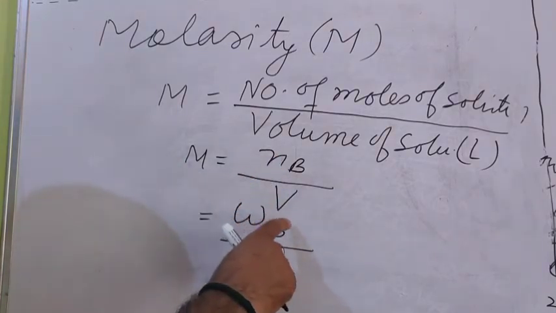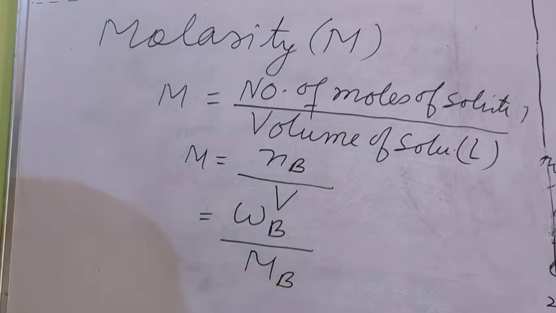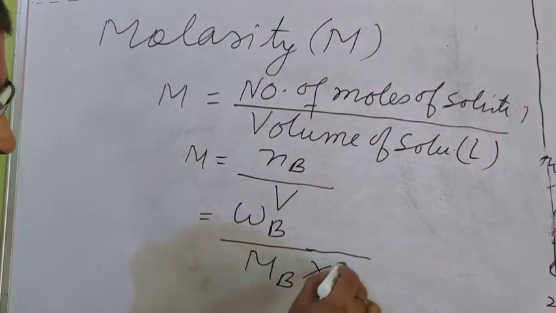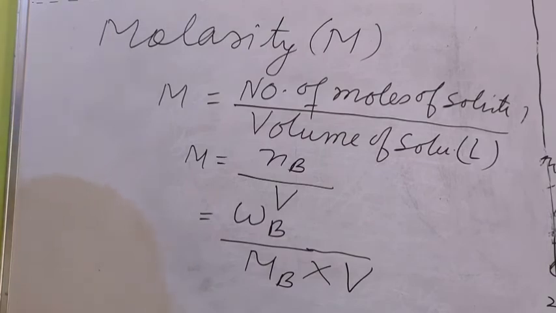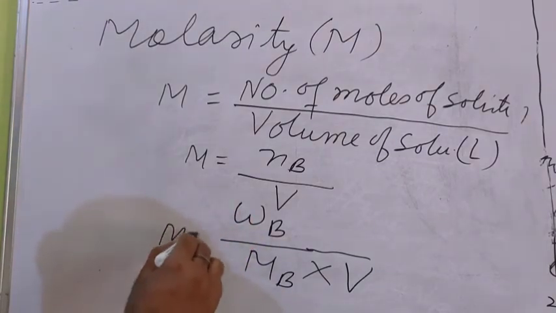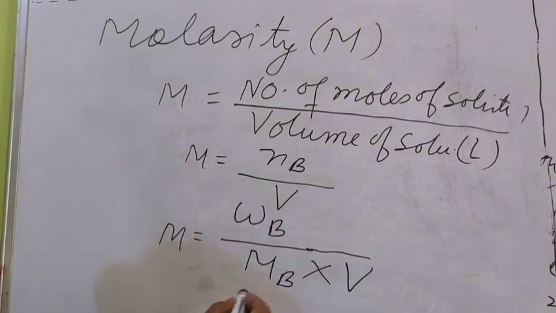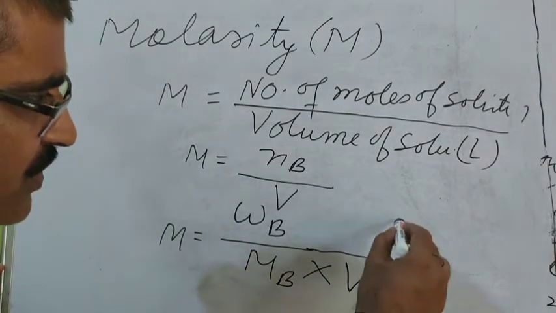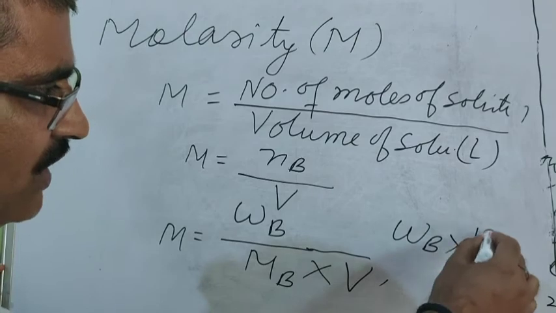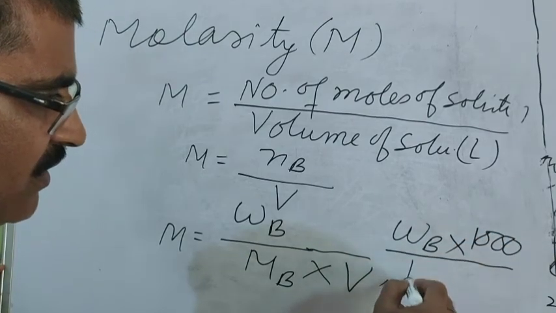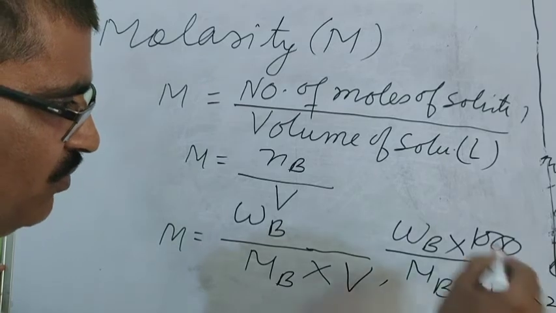So number of moles equals mass of solute upon molar mass, and into V. And as I had already said, volume of solution in numericals is mostly given in milliliter or centimeter cube, then molarity becomes equal to WB into 1000 upon MB into V.